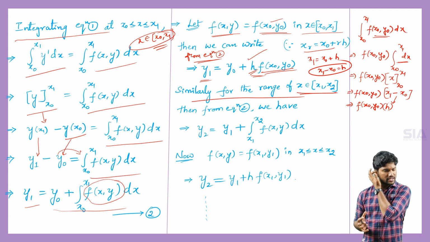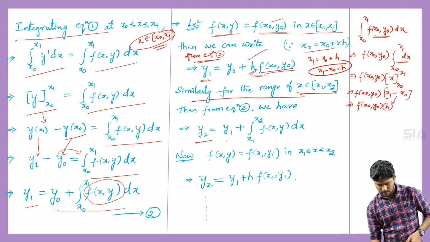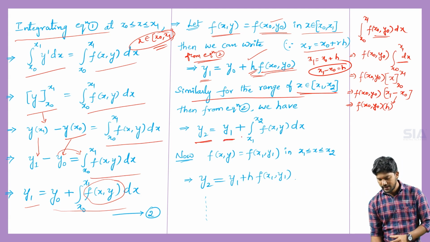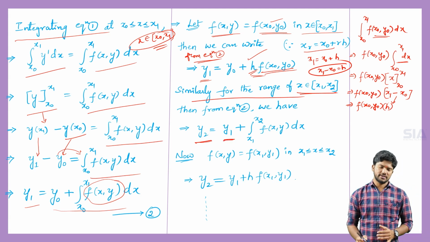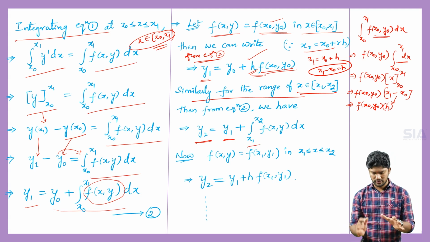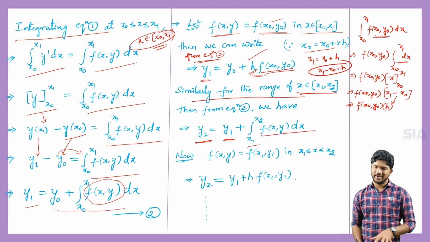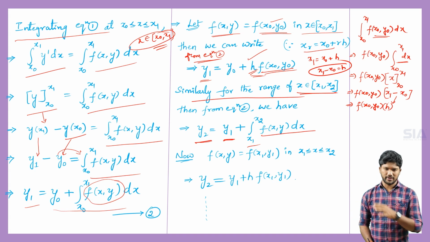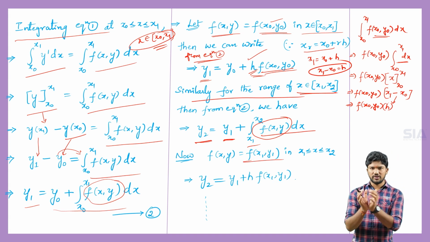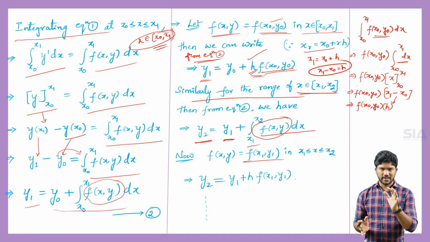Then from equation number 2 we have y2. Okay, y1 will become y2 in the LHS and y0 will become y1 in the RHS, plus the integral also will change, integration over x1 to x2 of f of x comma y dx. From equation number 2 directly we are writing. Here also you have f of x comma y dx, and you can apply the same process. After you get the first integration, you will get that function value.